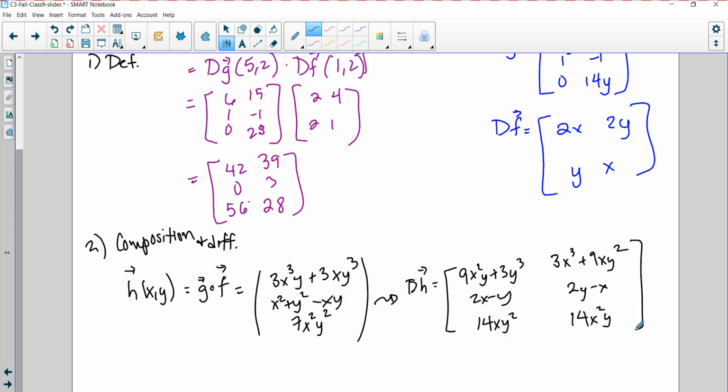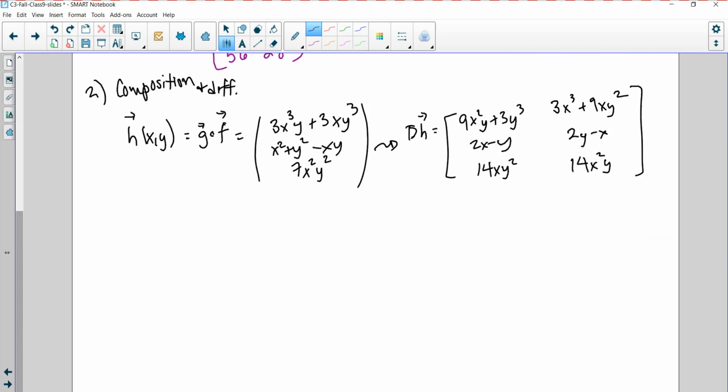And then you would go through and find dh of (1, 2), and what you end up getting is the same as above. So either method works, and the second route actually avoids the chain rule entirely.